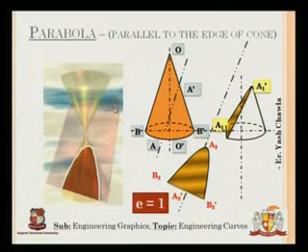If I pass a plane which is parallel to the slant edge of the cone, as you can see right here, and then remove this particular section, the shape that I derive is a parabola, and its eccentricity is equal to 1.